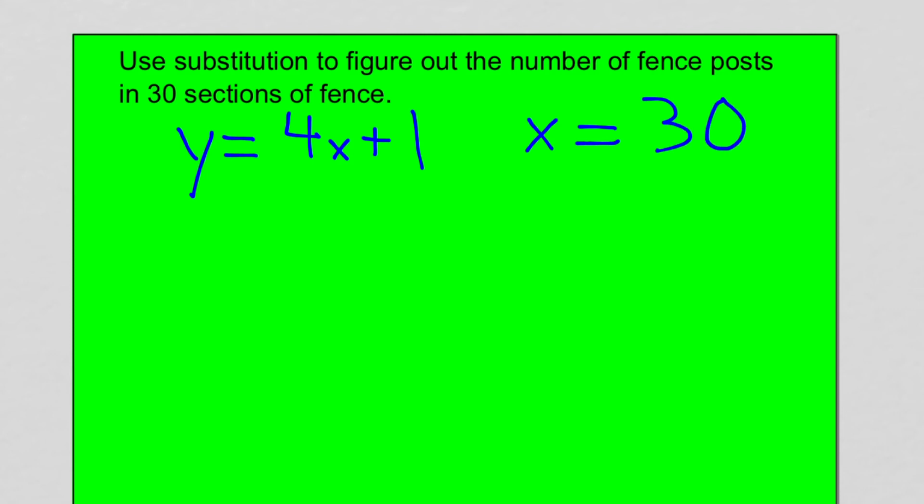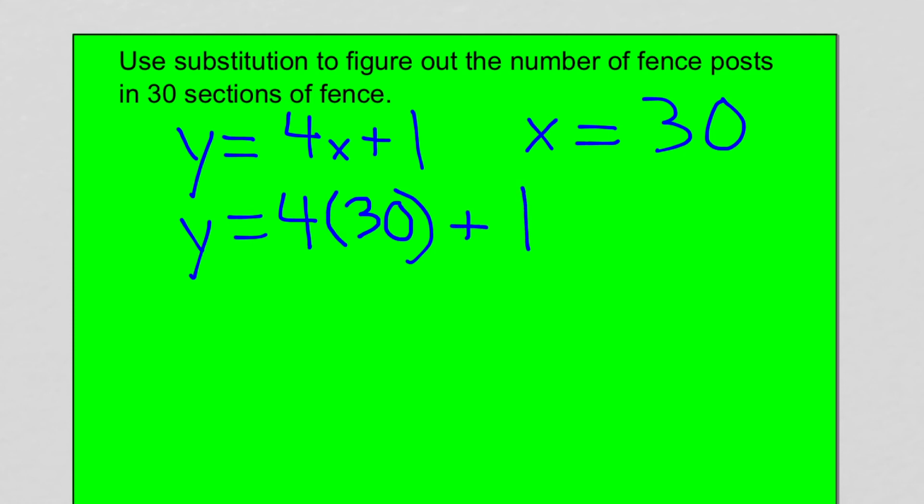To figure this out, we're going to replace the x with 30. So we'll write y equals 4 times 30. X is going to be 30. But we're not going to use a multiplication symbol to show times. We're going to show parentheses to show times because our x is the sections. So when we want to show 4 times the number of sections, we're going to replace the x with 30, and these parentheses or brackets will mean multiply.